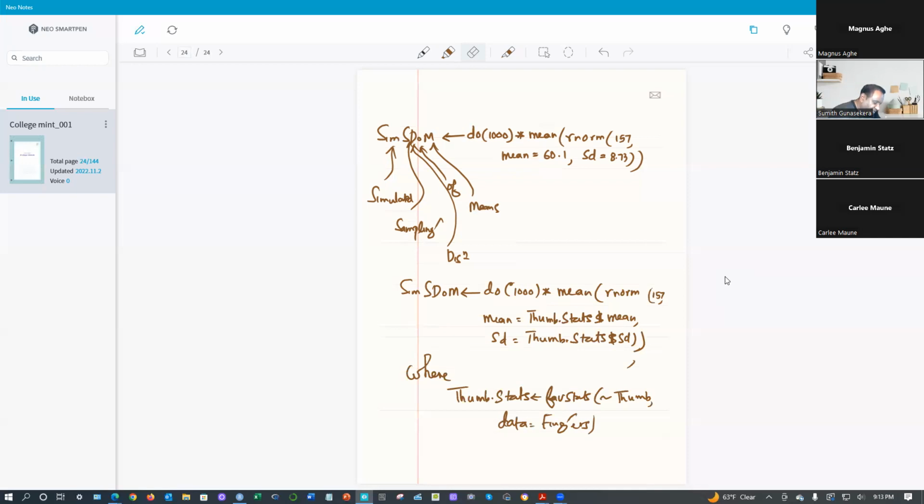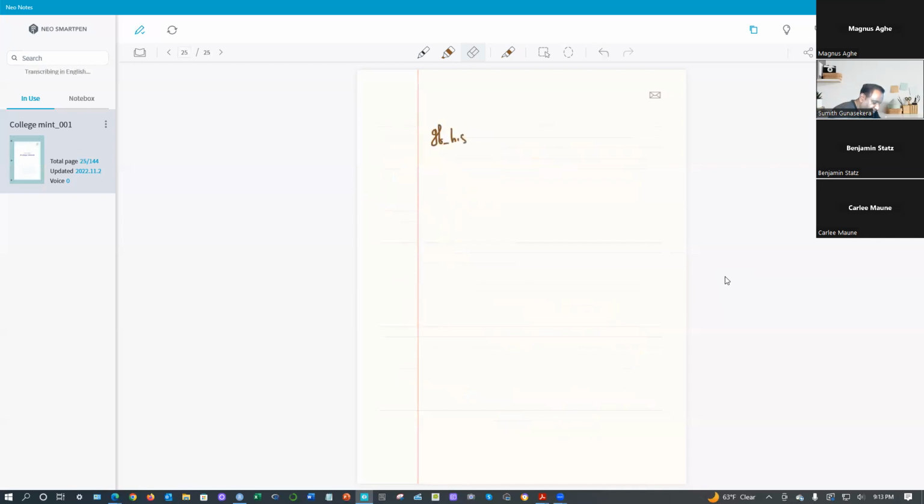EF histogram, mean, and the data would be nothing but SIM, the sampling distribution of this one. And let's see, fill, you can say gray, black or blue or something.